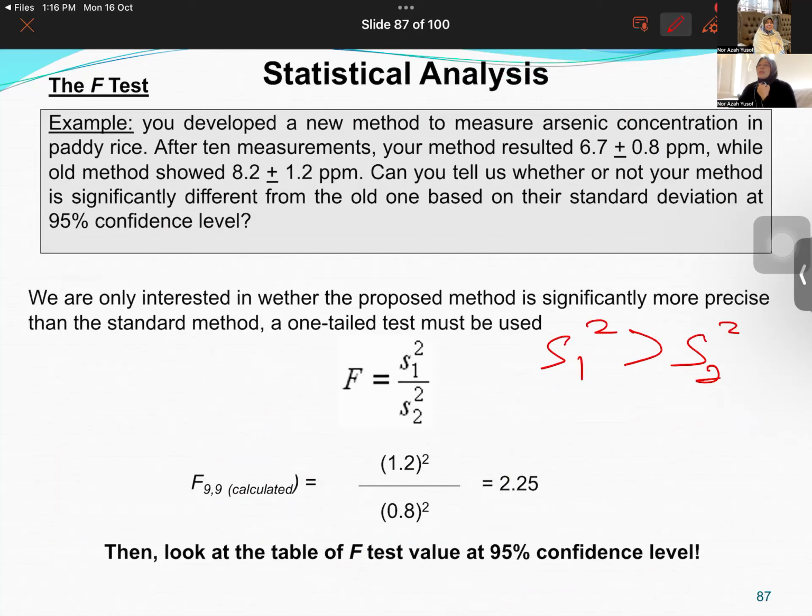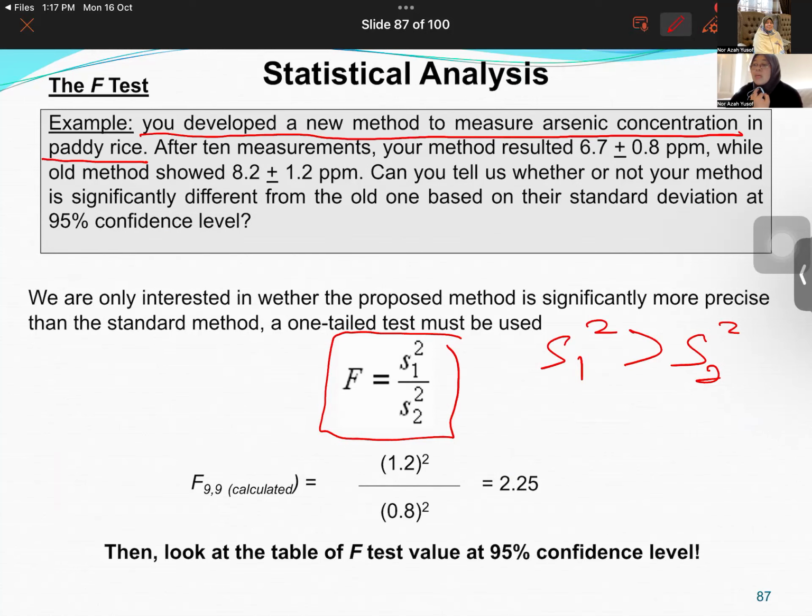So if you look at the example, you are developing a new method to measure arsenic concentration, meaning you find a new reagent that responds linearly to arsenic, and then you do the analysis in paddy rice.